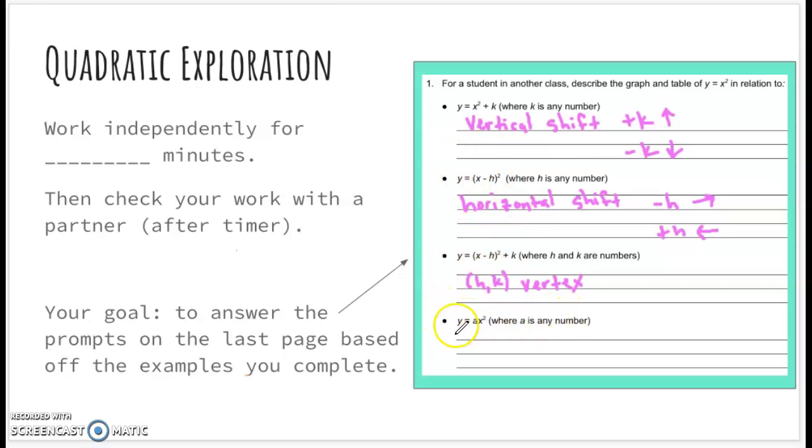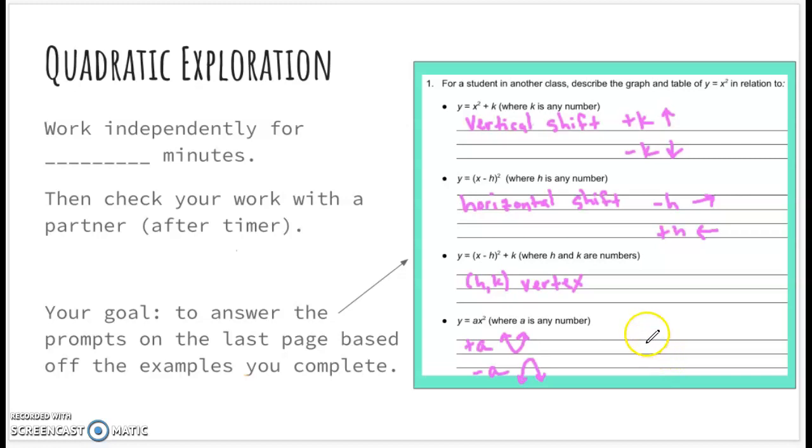And then the last value that I hope you investigated was this a value, this leading coefficient. You may notice that if you have a positive a value, you're going to have a parabola that opens up, versus if you have a negative a value, or a negative leading coefficient, your parabola is going to open down.